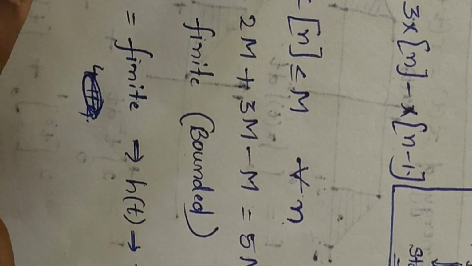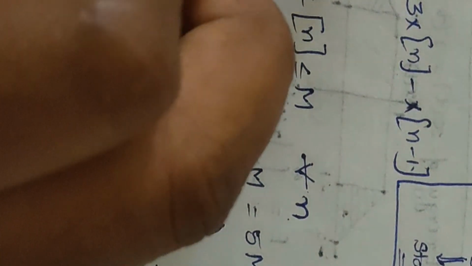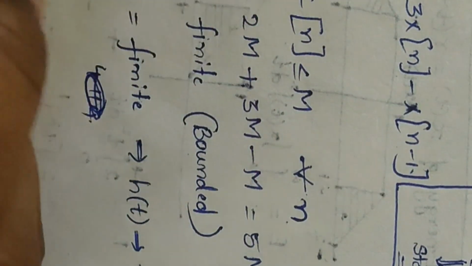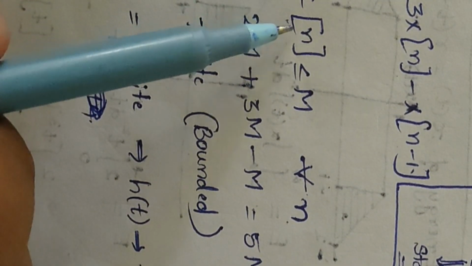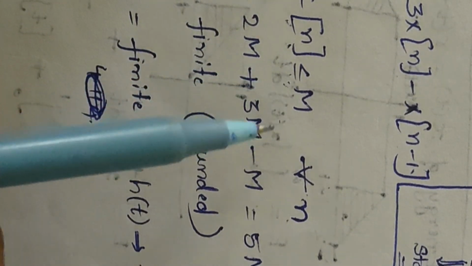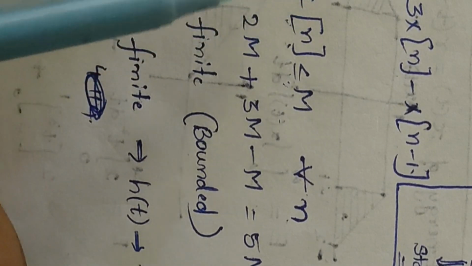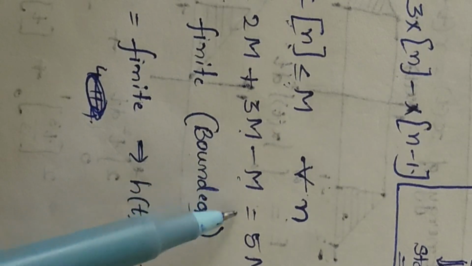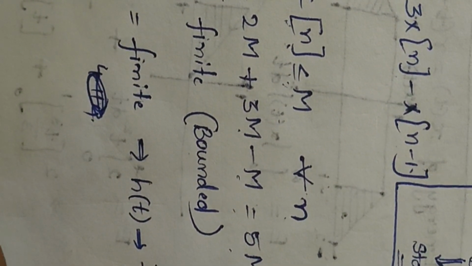Then talking about stability: for every bounded input it must have a bounded output, that represents stability. Here the bounded input x of n must be less than or equal to m. Here y of n is less than or equal to 2m plus 3m minus m, 5m, which is a finite value.